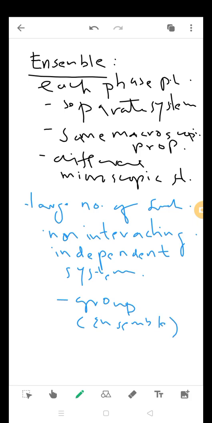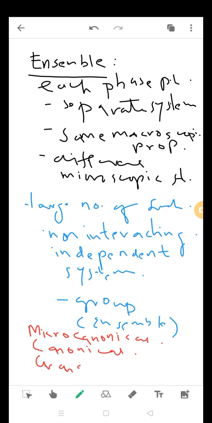Now we have basically three types of ensembles. We have a microcanonical ensemble, we have a canonical ensemble, and we have a grand canonical ensemble. So these are the three different types of ensemble.